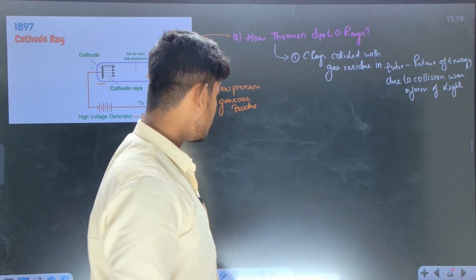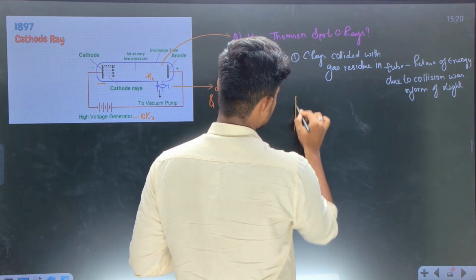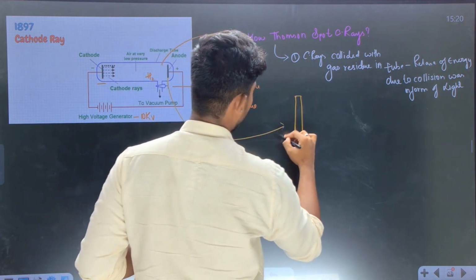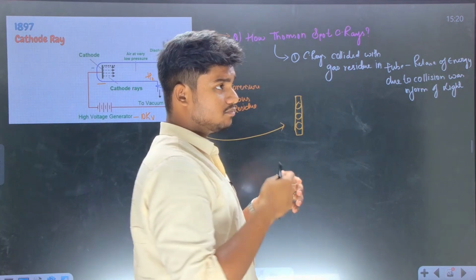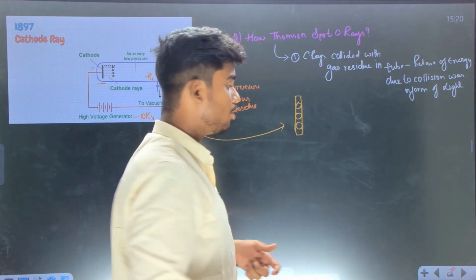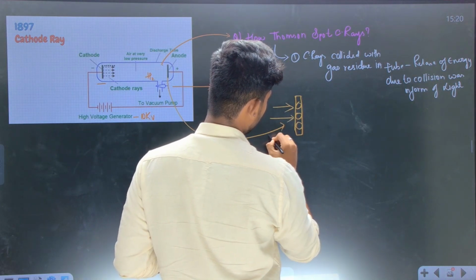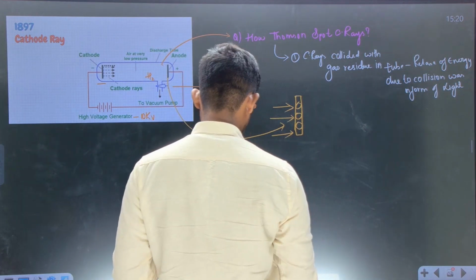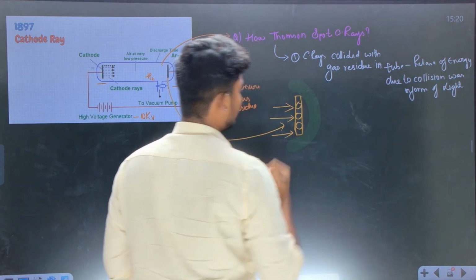Now coming to the second reason, the perforations in the anode. So this is the anode end, right? This anode end had multiple perforations. That means they made multiple holes in the anode end, and when cathode rays move towards the anode, they pass through these perforations and end up hitting the screen behind it.